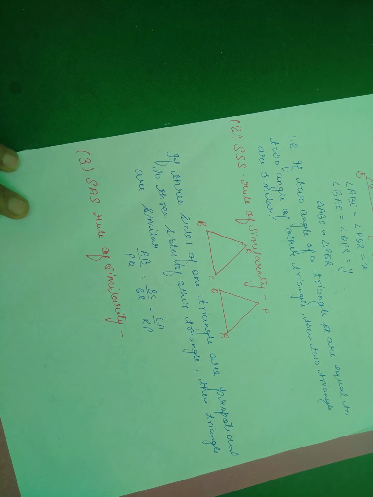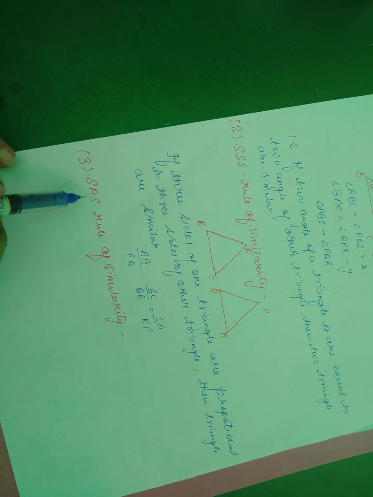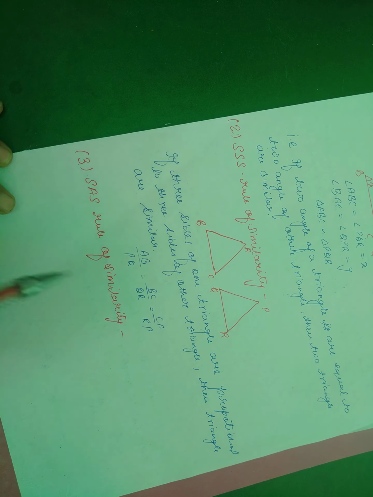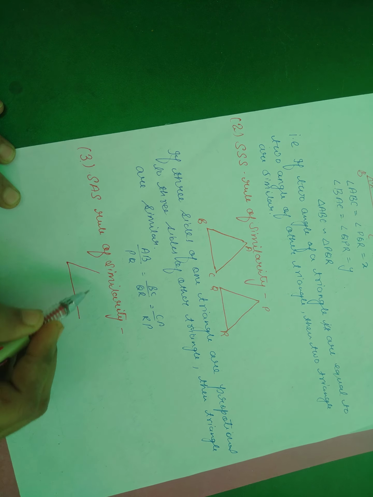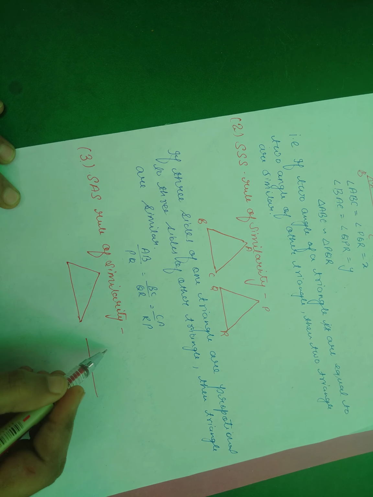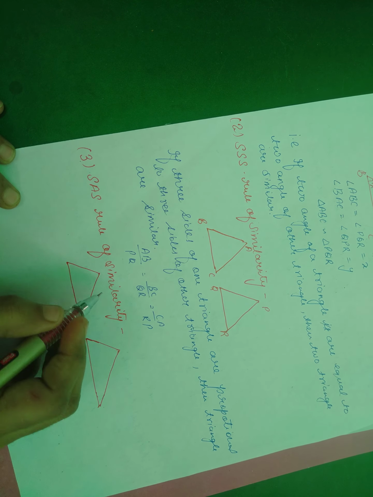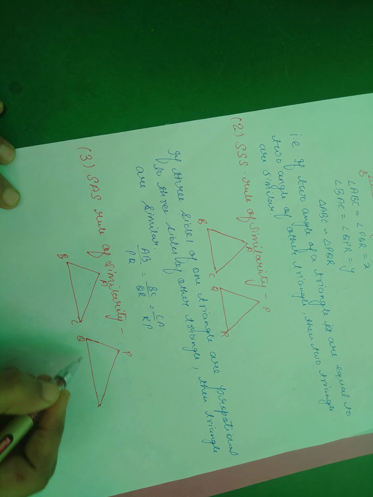As the name suggests, SAS means two sides and one angle. But how will it be defined? Let me make the triangles first. These are two triangles, again ABC and PQR.